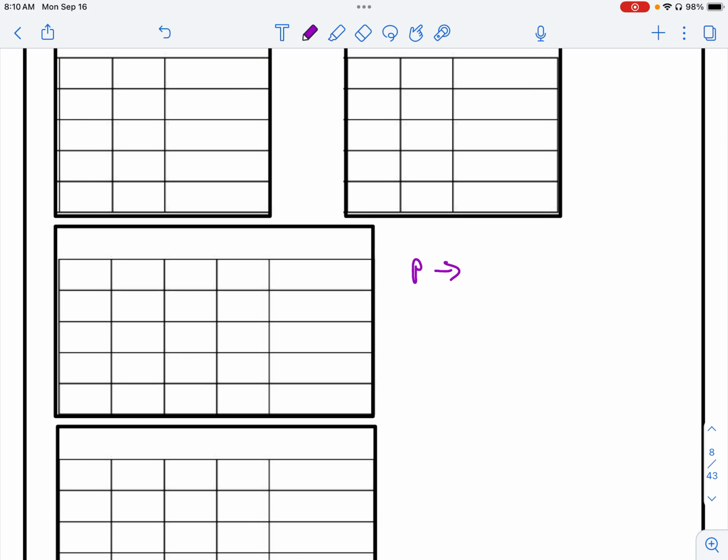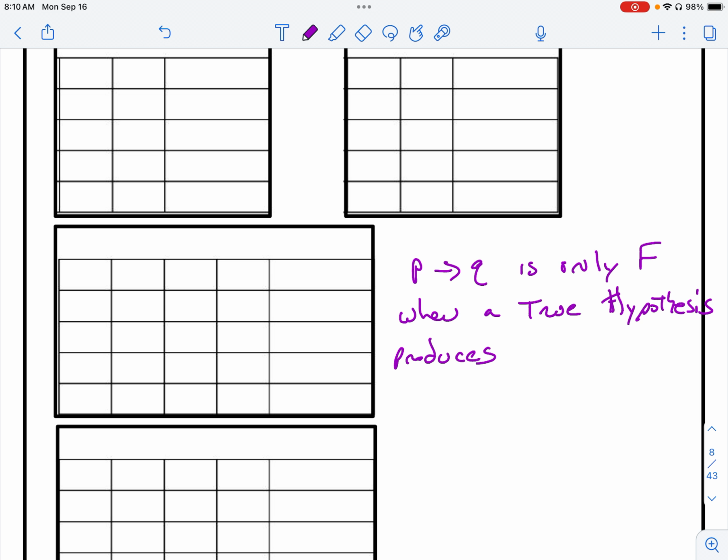So P to Q is only false when a true hypothesis produces a false conclusion. So if the hypothesis is true and the conclusion is false, the statement is false.